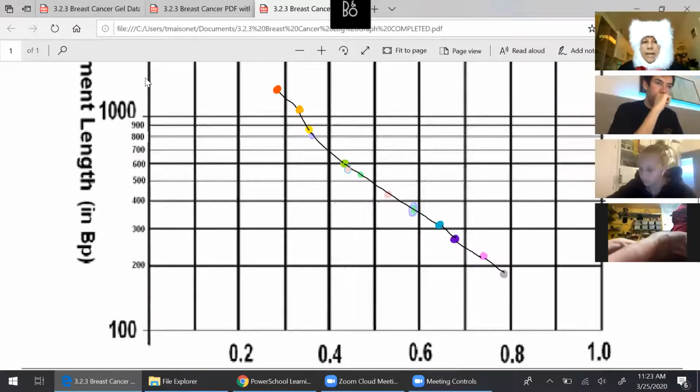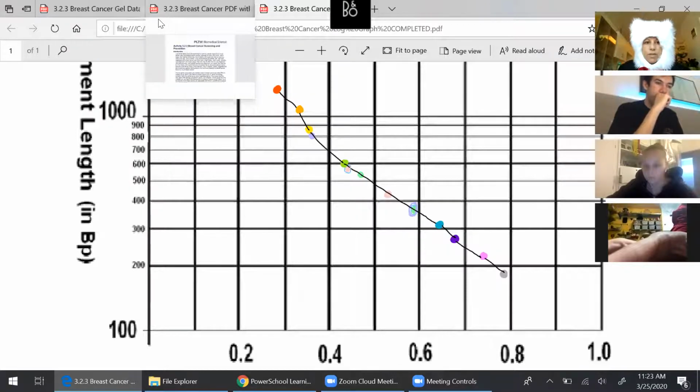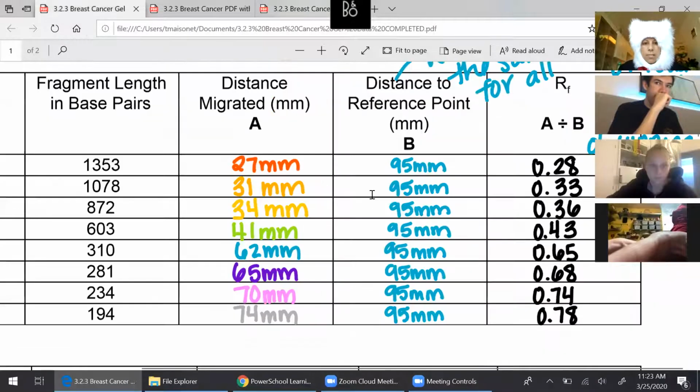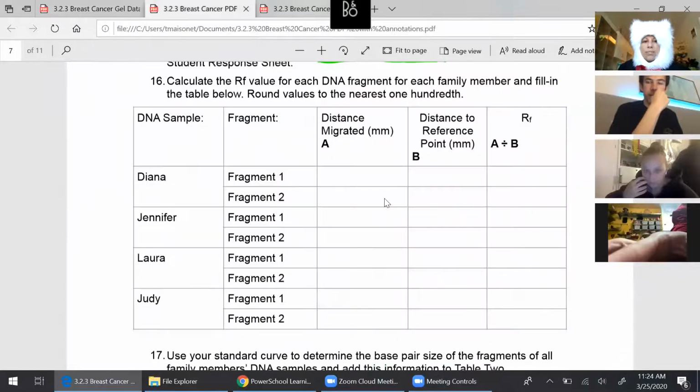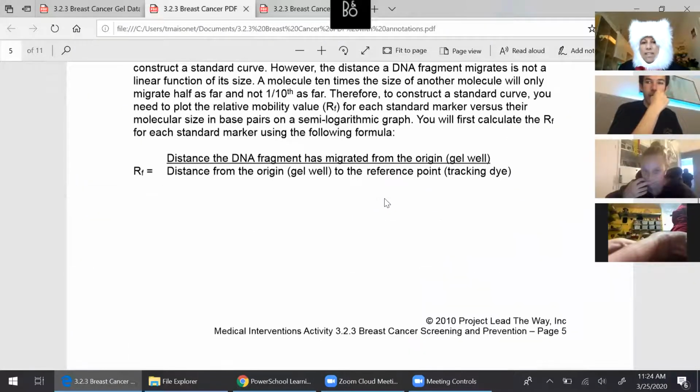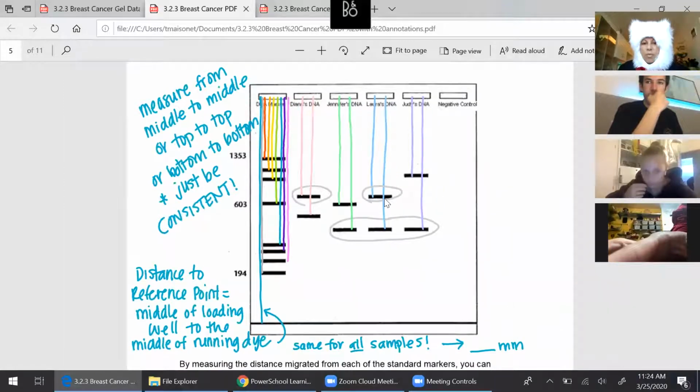Now, here's why your graph could look very different than mine. For those of you that are thinking, oh, I'm a smarty pants, I'm just going to look at all of Miss Masonette's answers because I can look back at this Zoom, you can't, and here's why. You don't know how much I zoomed in on this particular gel when I was measuring.